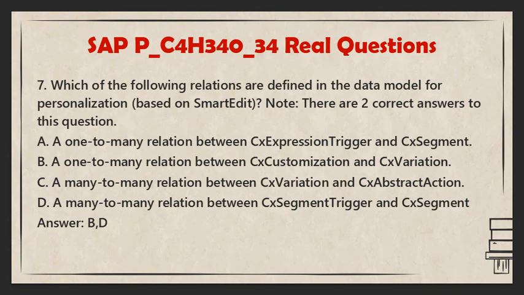B. A one-to-many relation between CX customization and CX variation. C. A many-to-many relation between CX variation and CX abstract action. D. A many-to-many relation between CX segment trigger and CX segment. Answer: B, D.